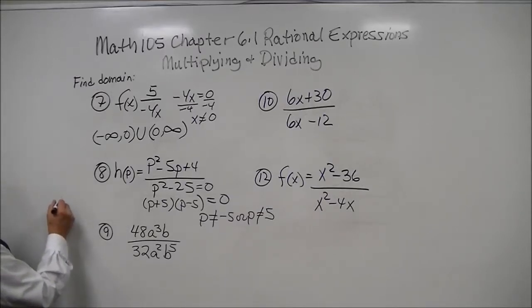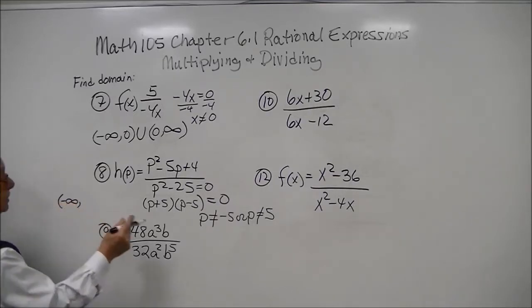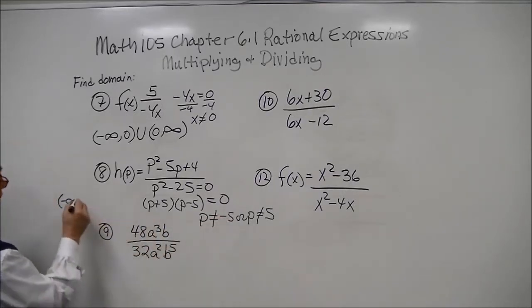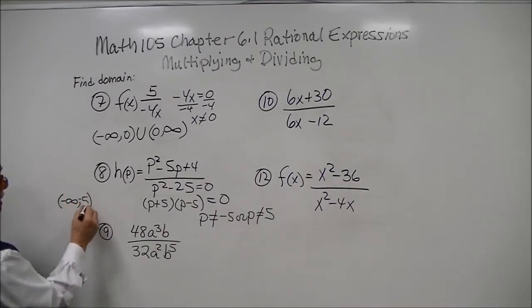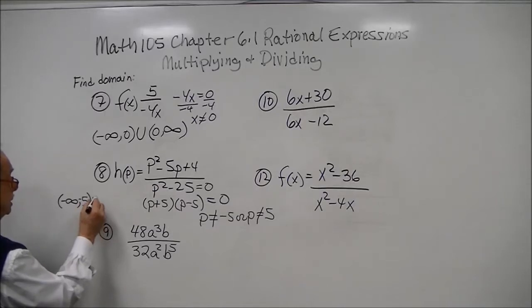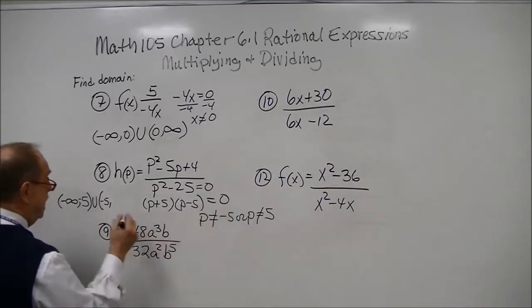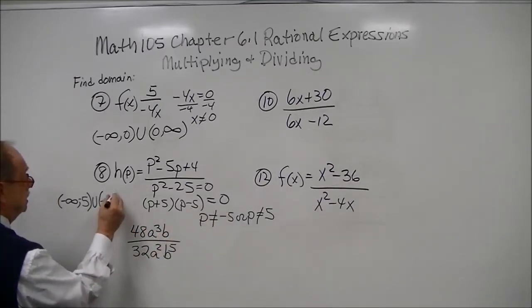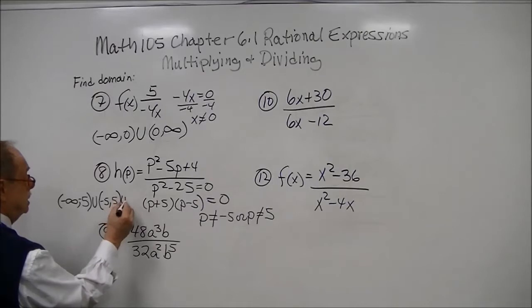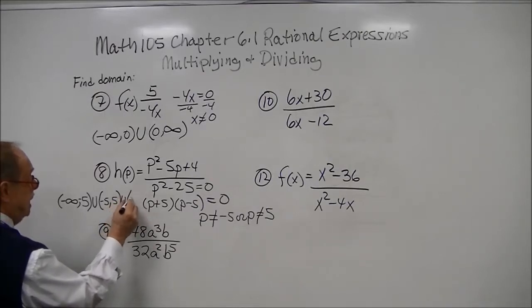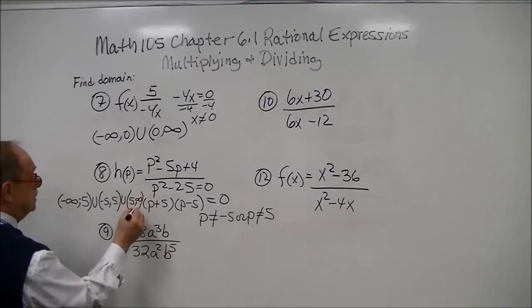Well, again, it's from negative infinity up to negative 5, parenthesis, union, again, starting at negative 5, up to a positive 5, union, starting at 5 again, and then up to positive infinity.